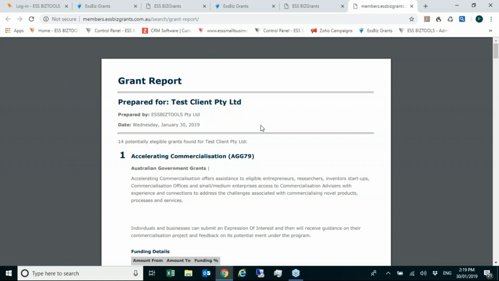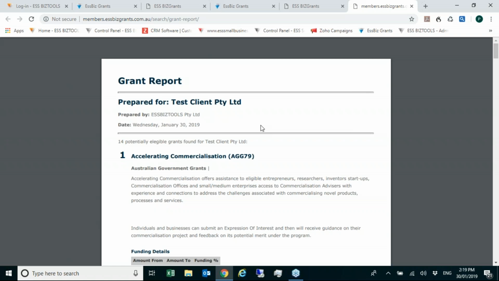Yep. So am I right, is that by logging in all the details of a client, so your test client, their turnover and all that sort of stuff, as a new grant becomes available, will that be populated into the potentially eligible grant? Our program is working on that. And I have to check with him. I don't think that's been finalised yet. But where it will come up is when you go back in the next year.